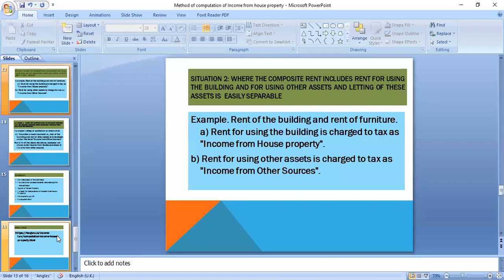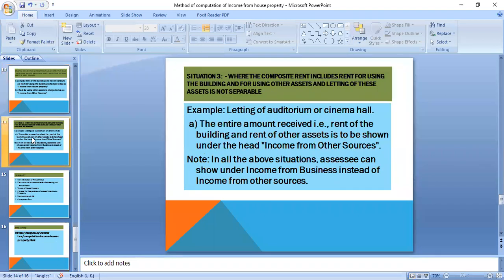Whatever assets you have given as facilities apart from the house come under income from other sources. The last situation is where the composite rent includes rent for using the building and other assets, and the letting of these assets is not separable. You cannot separate it, for example, letting of an auditorium or cinema hall. You cannot separate the auditorium from the seats, AC and screen.